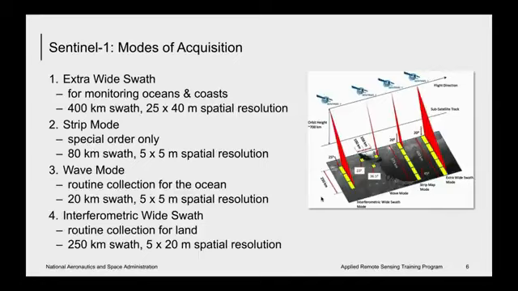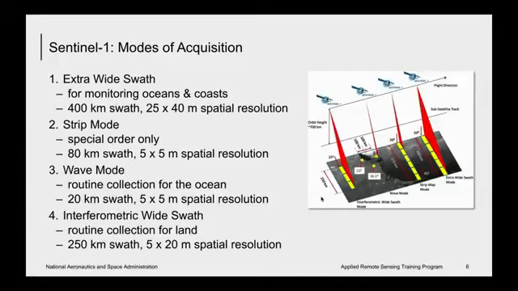So Sentinel-1 has 4 different modes of acquisition. The first mode is the extra wide swath mode, and that's primarily for monitoring oceans and coasts. It has a 400-kilometer swath and a spatial resolution of 25 by 40 meters. Then there is strip mode, which is special order only, and that has an 80-kilometer swath, 5 by 5 meter spatial resolution.